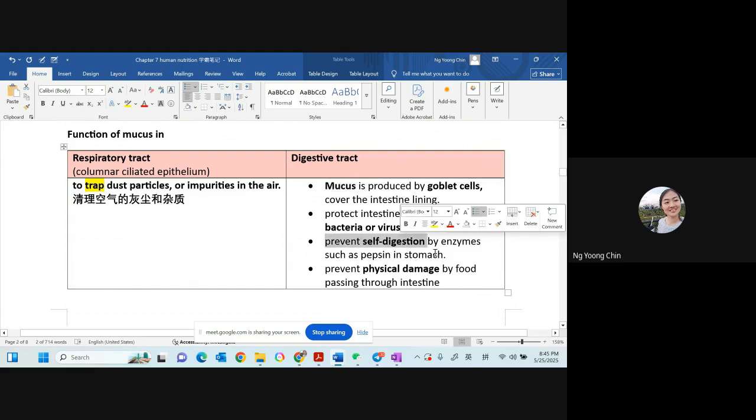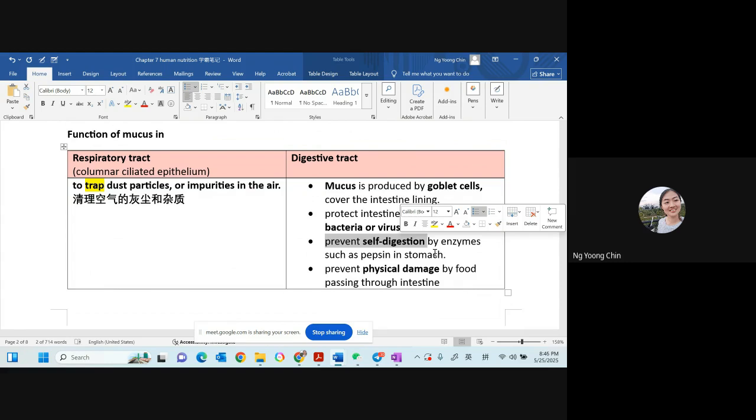You can imagine that your stomach content is so highly acidic, about pH 2. Very corrosive, right? Such corrosive stomach contents might be able to erode or corrode your stomach lining.